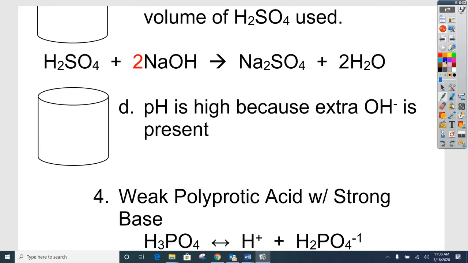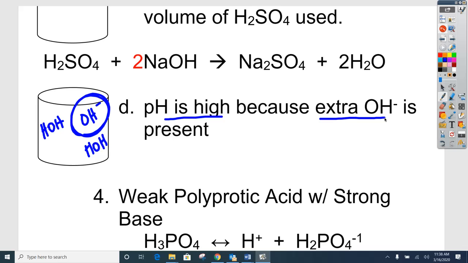When I overshoot my end point, so I had the water present at the equivalence point, and now I add too much hydroxide, now I have leftover strong base. So my final pH is going to be extremely high because after I overshoot the endpoint, I now have a basic solution.